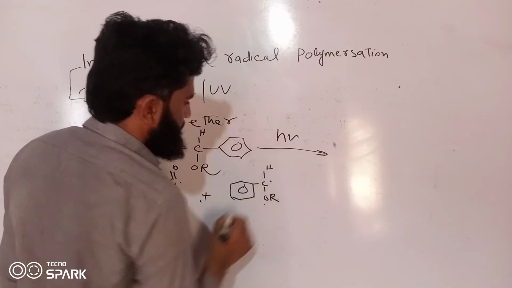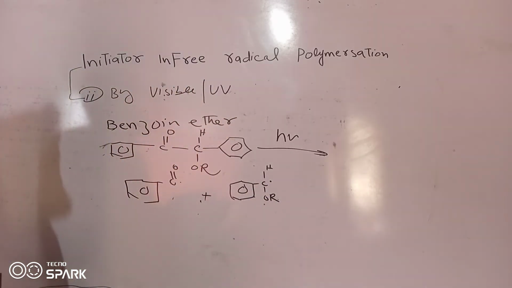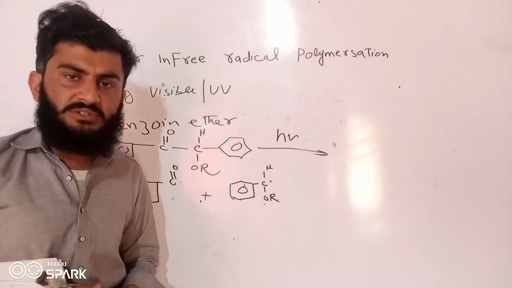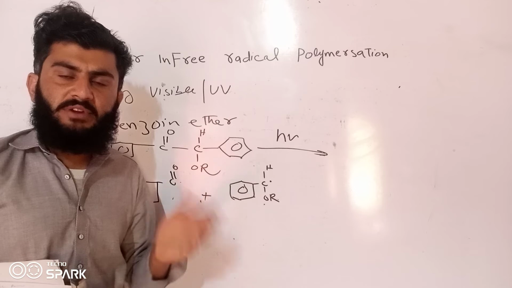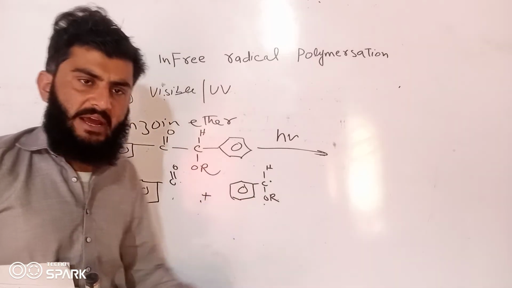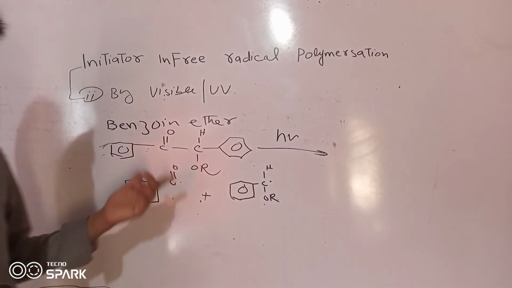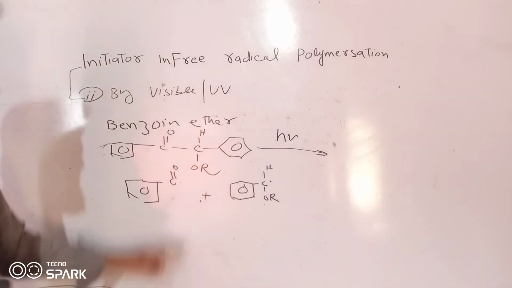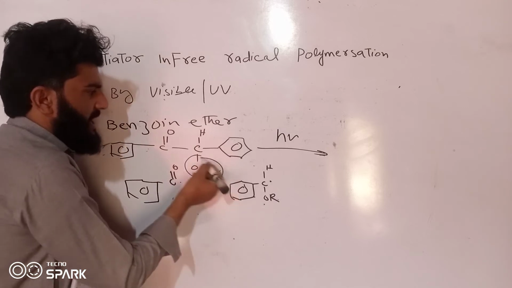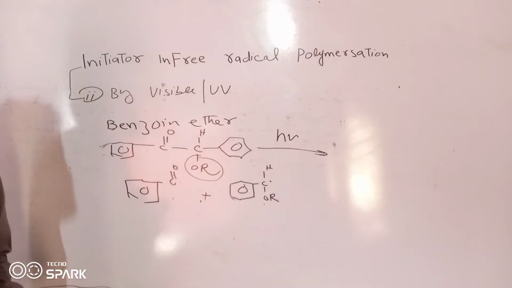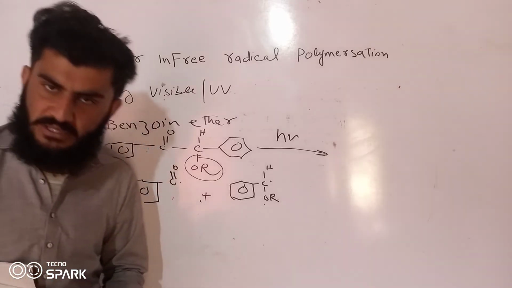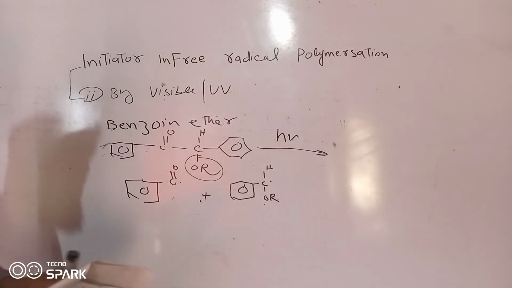Clear? So by using ultraviolet and visible radiation, we can produce free radicals. One example was benzophenone, and the second example is benzoin ether. This is the ether group. Clear?